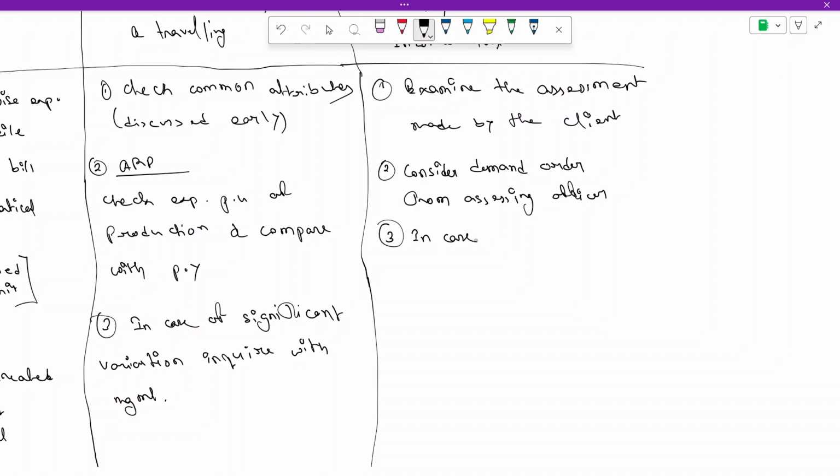In case of advance tax, if paid, okay, check the challan.